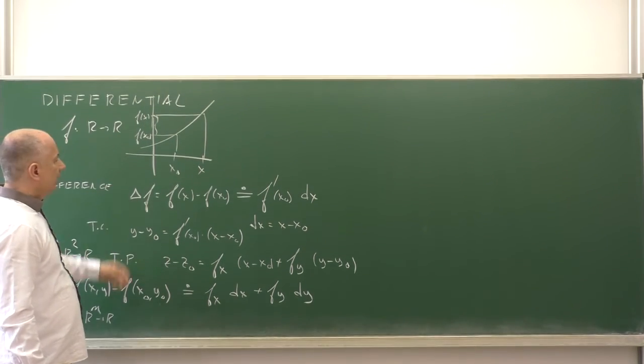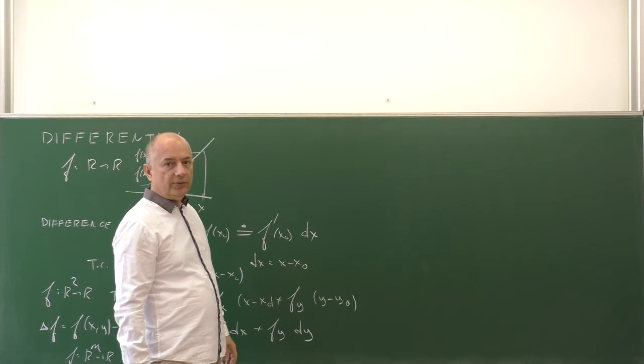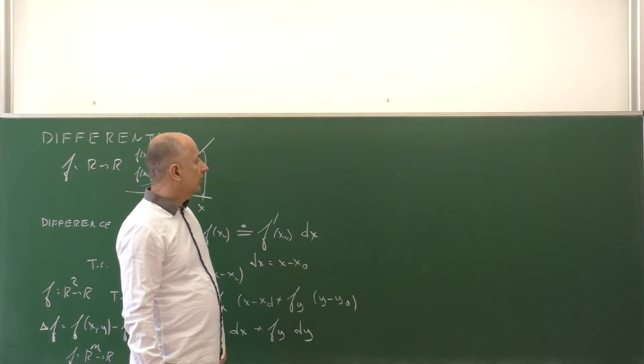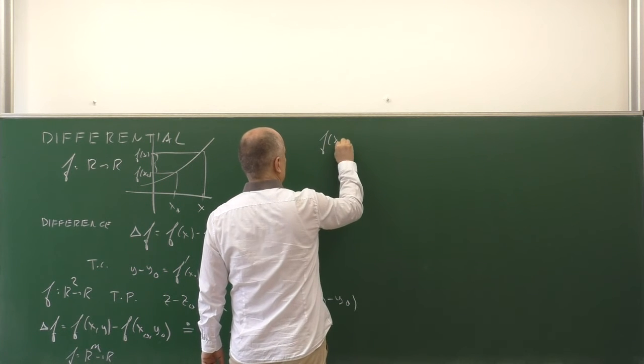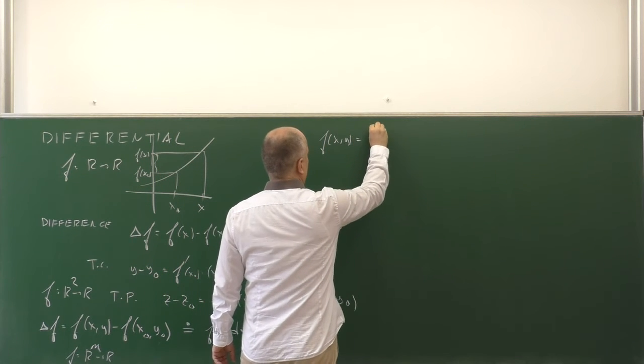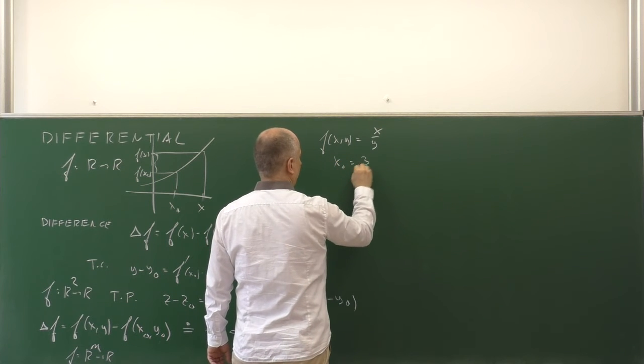We can illustrate this using the example that we have seen when we computed the tangent plane. You remember? That was the function x divided by y at the point (3, 1).